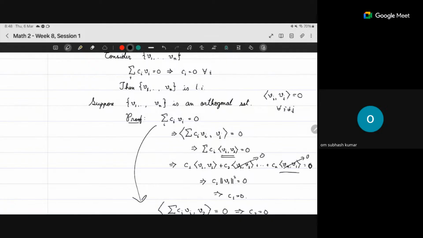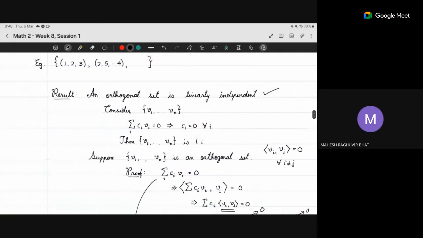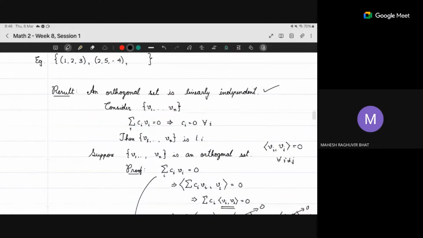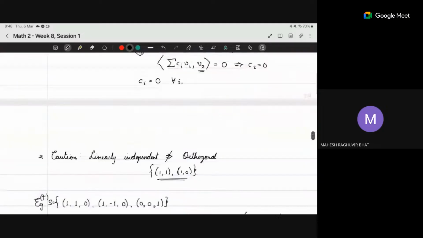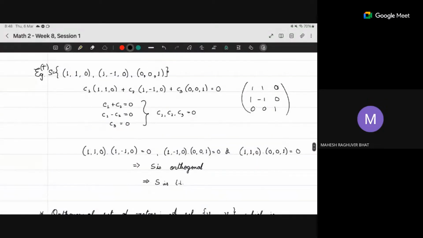It is any function from V cross V to R which satisfies 3 axioms: positive definiteness, symmetry, and bilinearity. All of what we are talking about holds for arbitrary inner products. But when we are dealing with examples, we do it with the standard dot product. The dot product is an example of a general inner product. You can do it for any inner product as well.